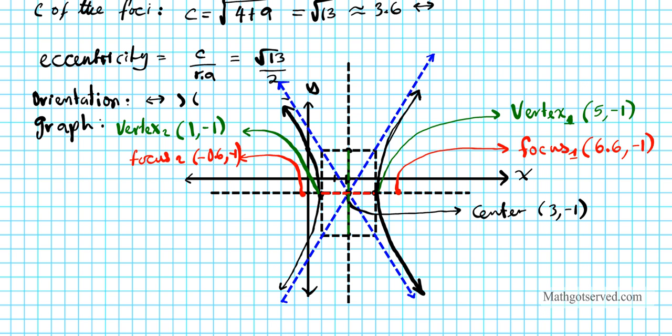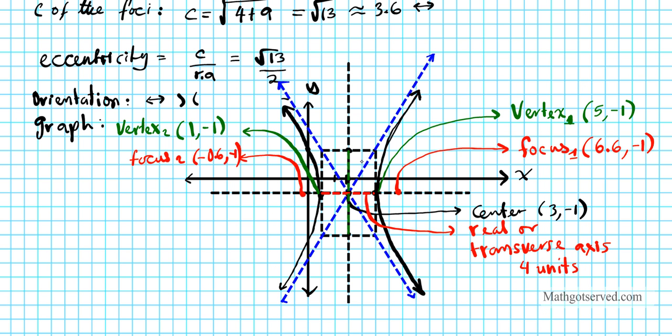So we have this axis right here. This one is your real or transverse axis. And the length, we're going 2 units in both directions, so it's 4 units long.